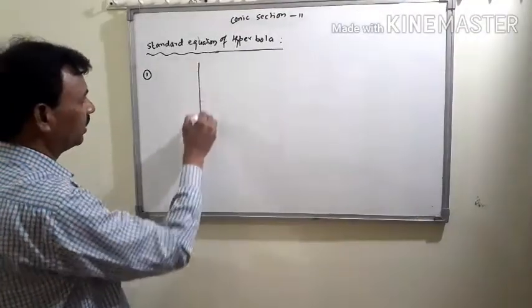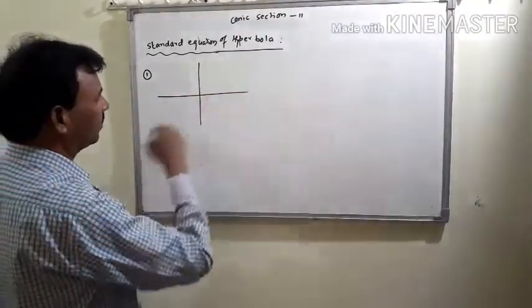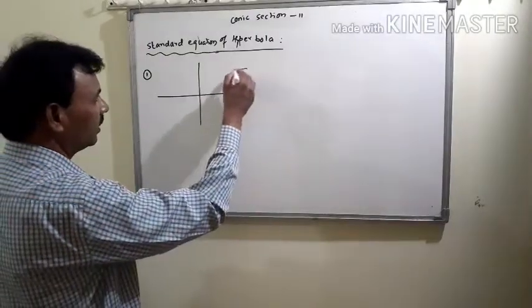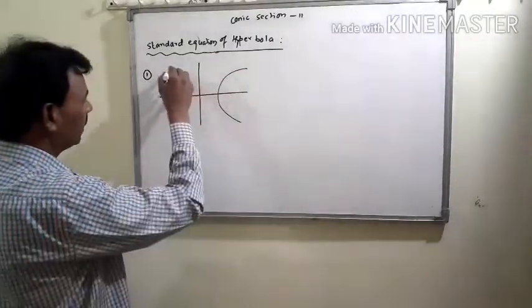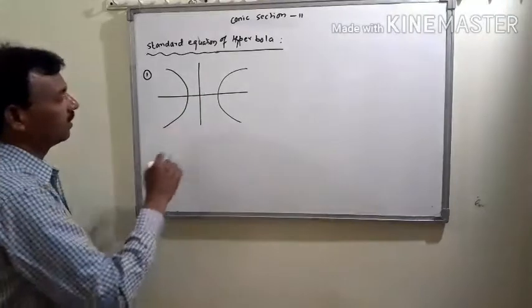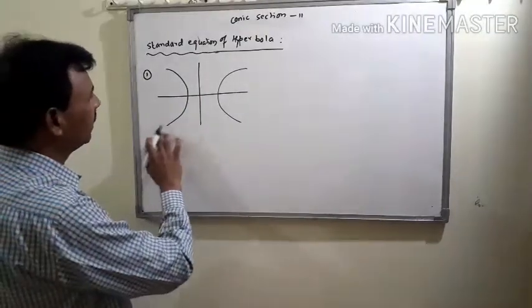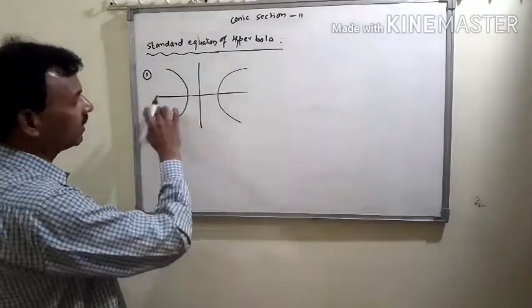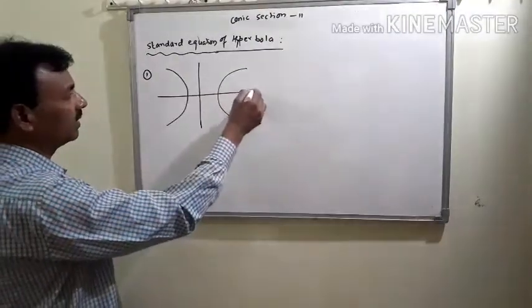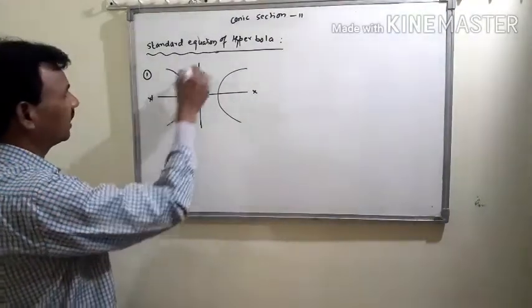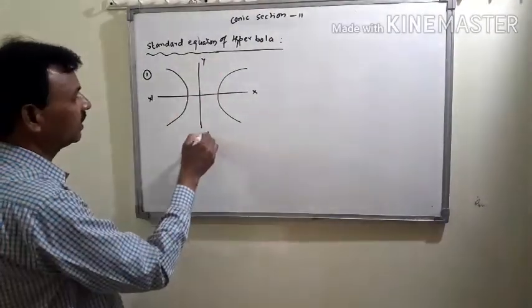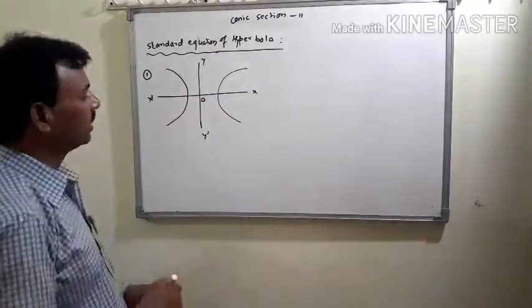That means suppose this is the coordinate system and the equation of axis of this hyperbola is along the x-axis. Suppose this is the x-axis and this is the y-axis and this is the center, the origin.